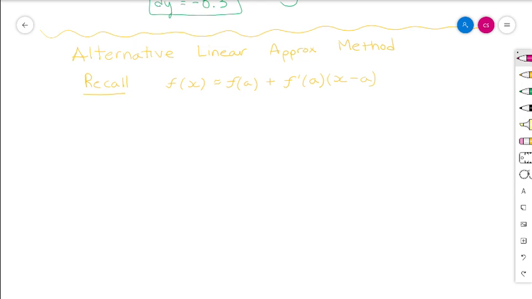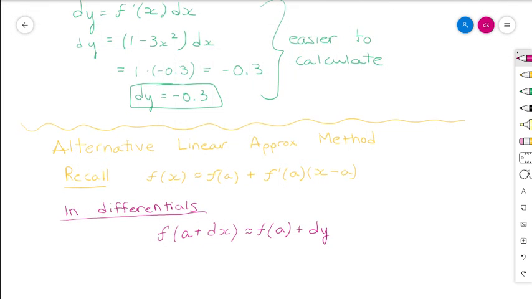So in differentials, what we were just looking at, f of a plus dx is approximately f of a plus dy. That's what we were just looking at.